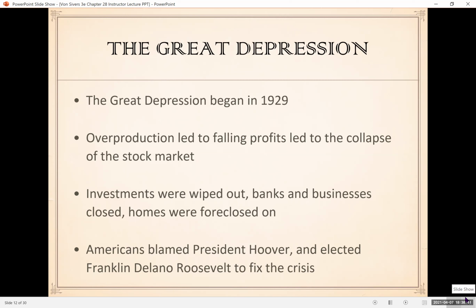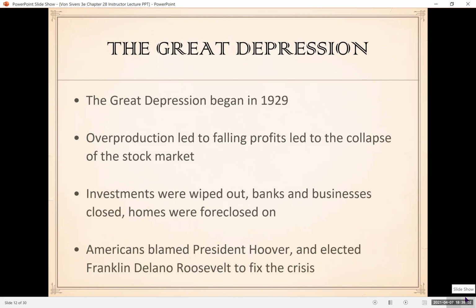So Americans wanted somebody to blame, and the person they're going to blame is the person who was elected president in 1928, and that was Herbert Hoover. And he was adamant. He was not going to do anything about business until it was too late.